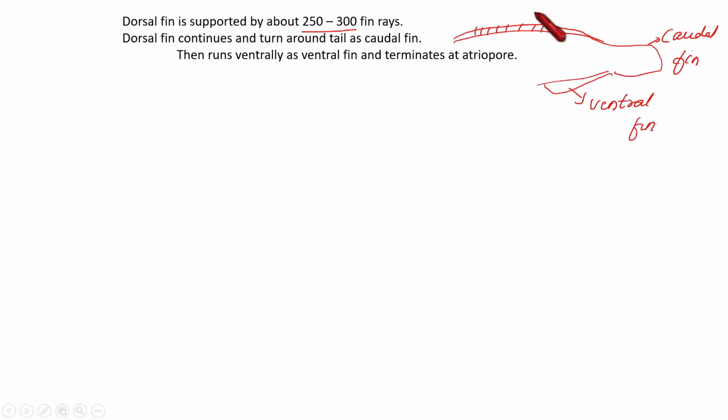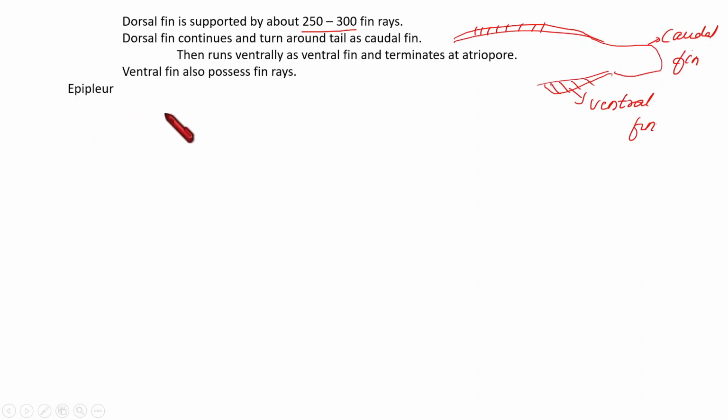So the dorsal fin itself gives rise to the caudal fin and ventral fin, as it continues with the tail and the ventral part of the body. The ventral fin also possesses so many fin rays, but the caudal fin doesn't possess any type of fin rays.